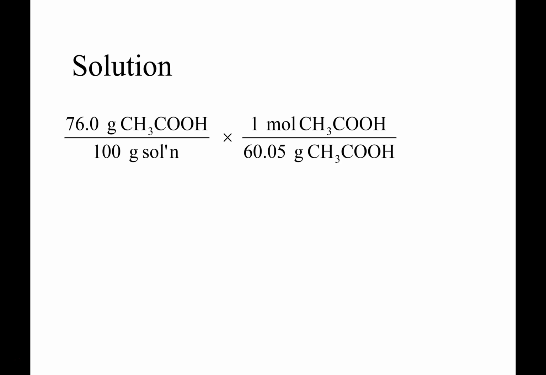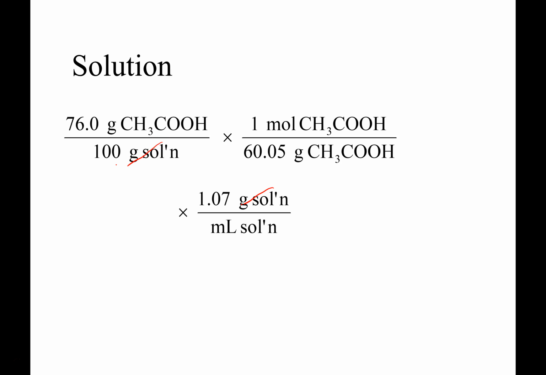I'm left with moles of CH3COOH per 100 grams of solution. Now, if I introduce density, the non-flipped version, which is 1.07 grams of solution per milliliter of solution, can you see where I do this one? Now my grams of solution cancel.